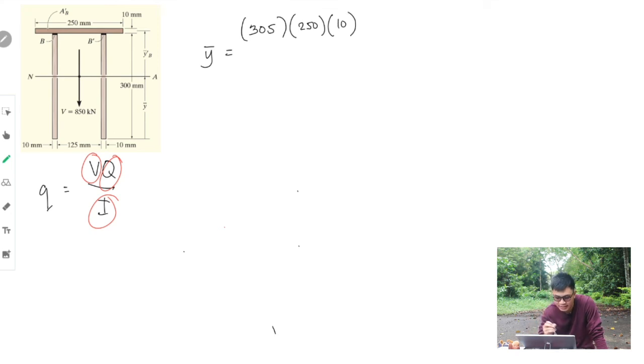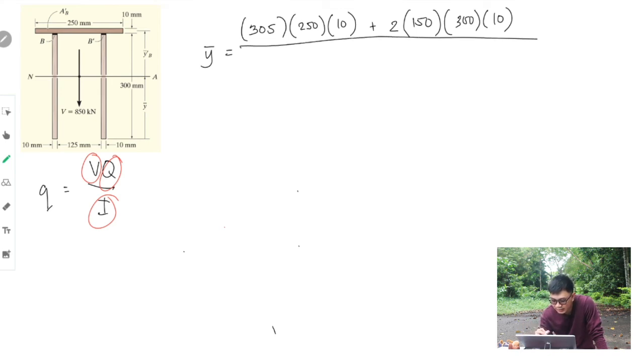This is our first area. For the other two, since they are symmetric and have the same shape, we can just multiply by 2. So, 2 times, the distance from here is 150, half of 300, multiplied by the area of 300 times 10. Divided by the total area, the sum of the areas, 250 times 10 plus 2 times 300 times 10.